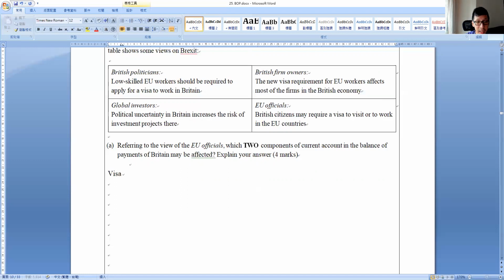Now the visa requirement now will be harder to travel to EU 係咪啊 So there will be less British tourists to EU country 係咪而家難咗嘛 Therefore, the import of service would go down 係咪而家佢冇去咁多旅行啊 Import of service goes down.